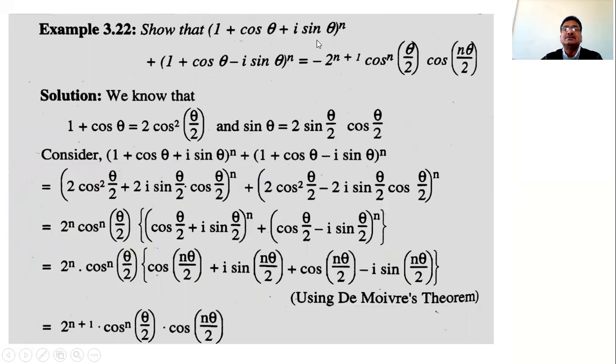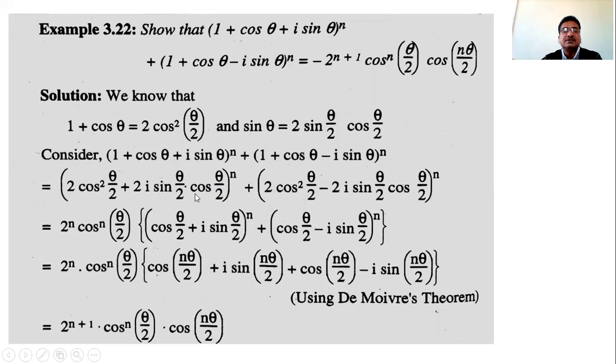Then show that this bracket raised to n is equal to this. So 1 plus cos theta is 2 cos square theta by 2, and sin theta is 2 sin theta by 2 cos theta by 2, the sin 2 theta formula. Then consider this LHS, substitute 1 plus cos theta as 2 cos square theta by 2 and sin theta as 2 sin theta by 2 cos theta by 2, similarly here.